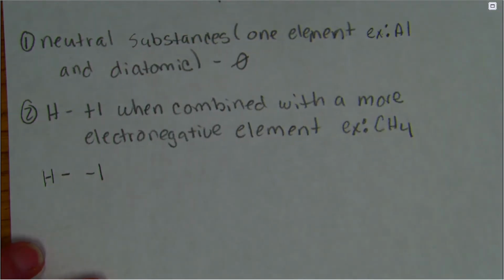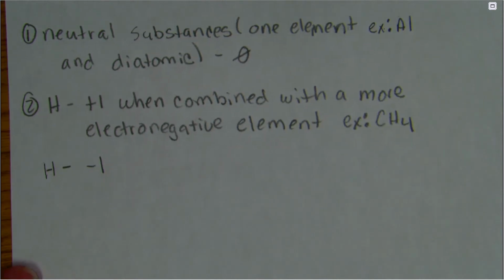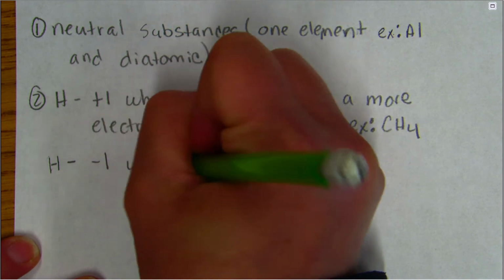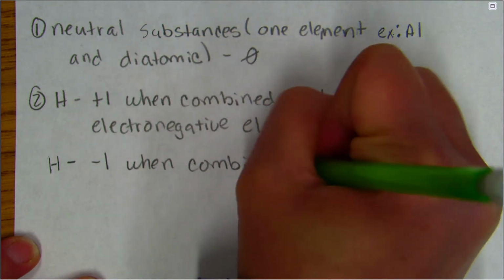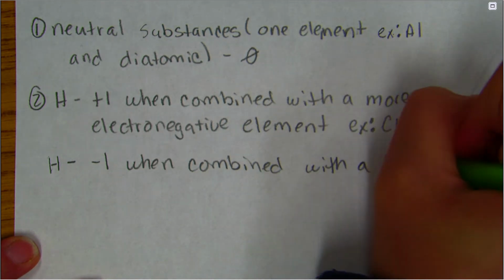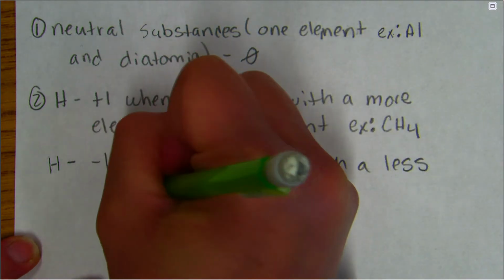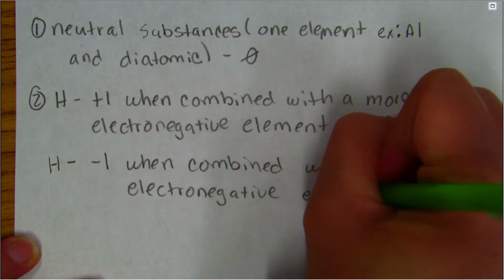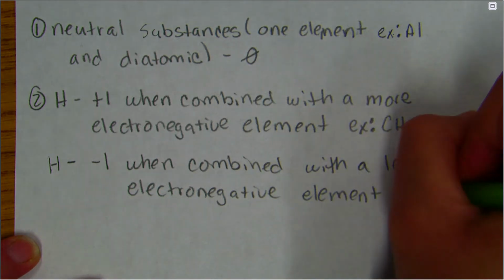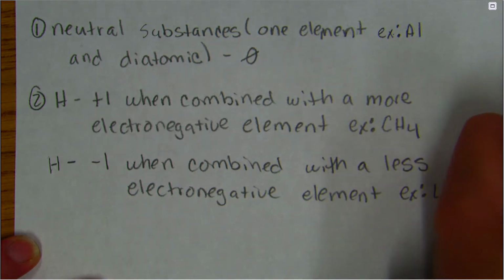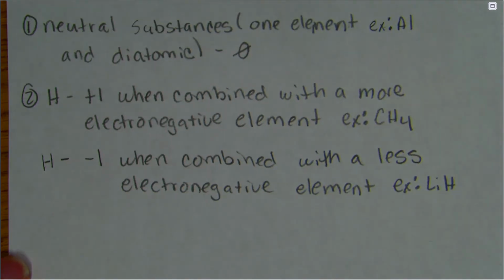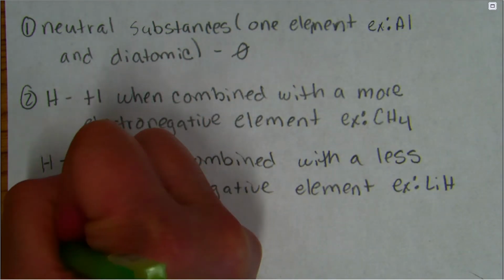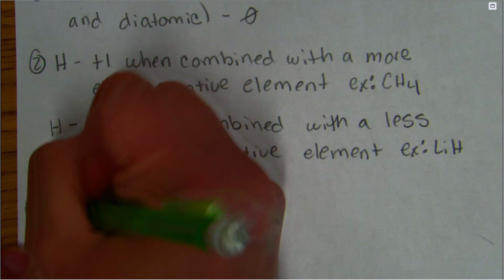All right. Hydrogen will be given a -1 when combined with a less electronegative element. All right, for example, LiH. Oxygen. Let me write it out.